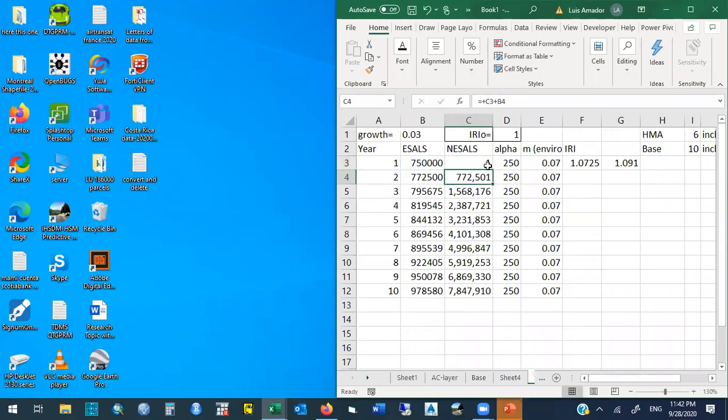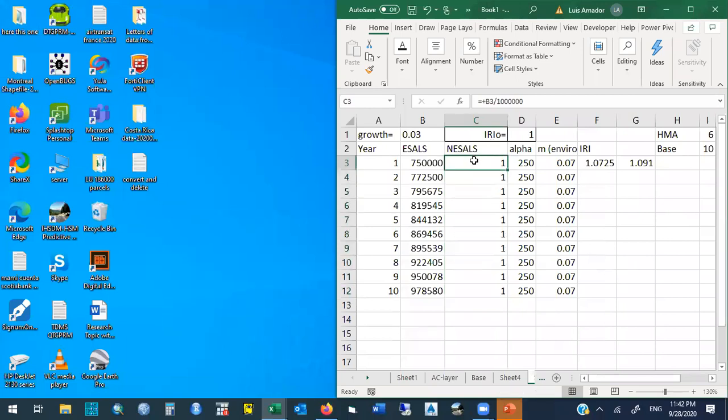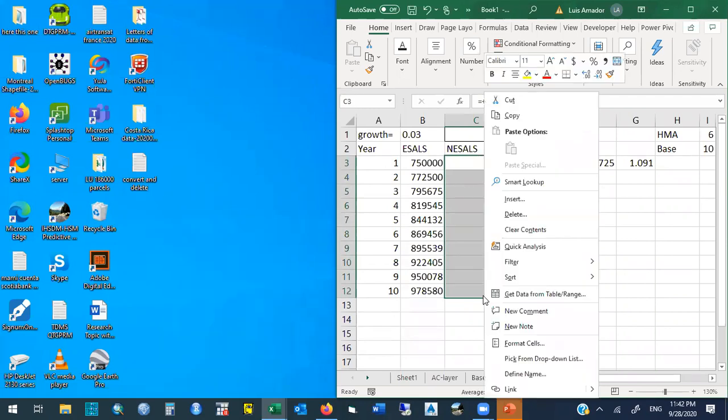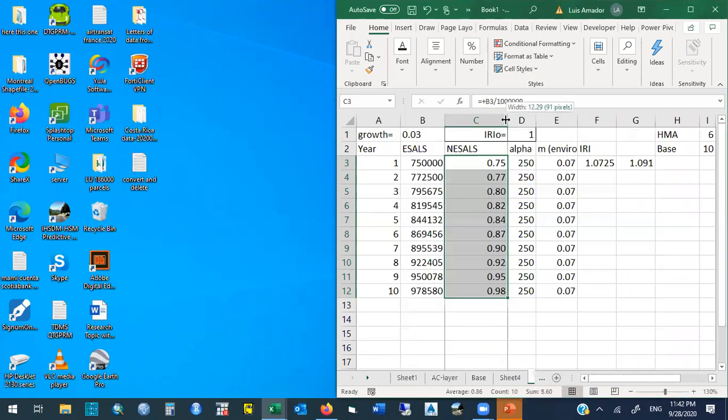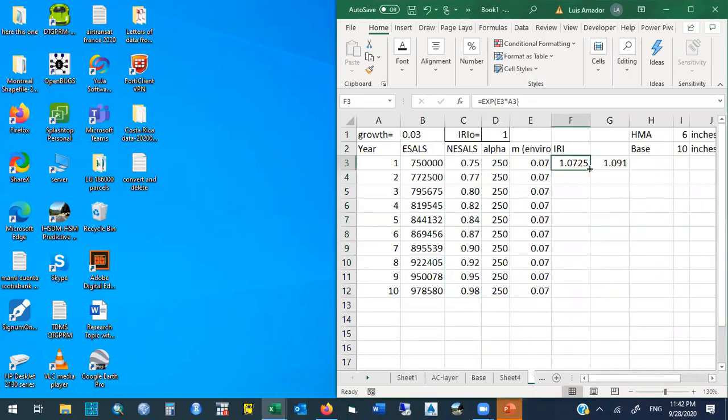It has to be per million. Now, what did I do wrong? Oh, because there are decimals. It's not arriving to the 1 million. That's why. Okay, now it makes sense.